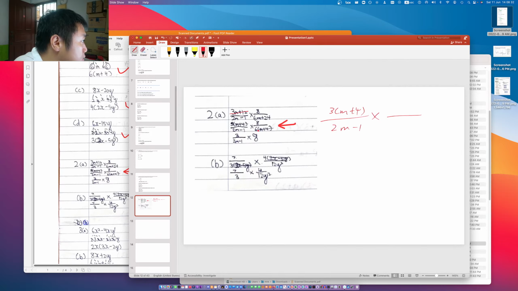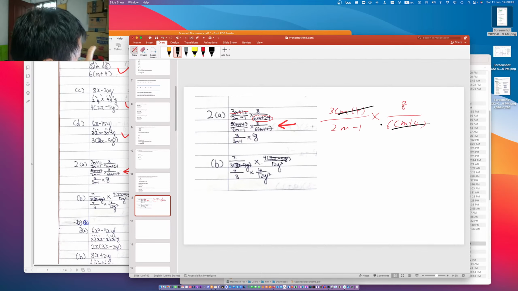Then this, you never replace this one. Oh yeah, you have. Okay, so once you replace, you can see that this can cancel, right? I want you to write this in two spacings, not one.